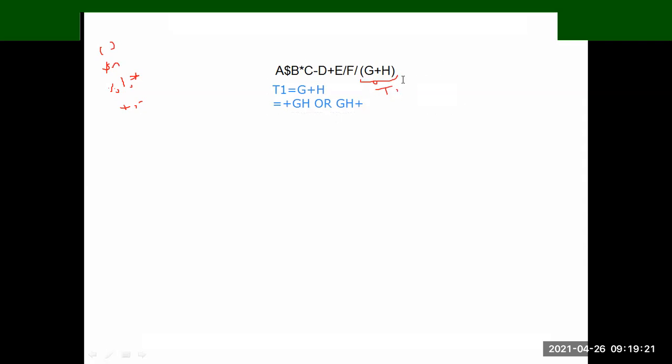Next, write T1 here in this example. All of you make your own practice. B star C minus D plus E by F T1.